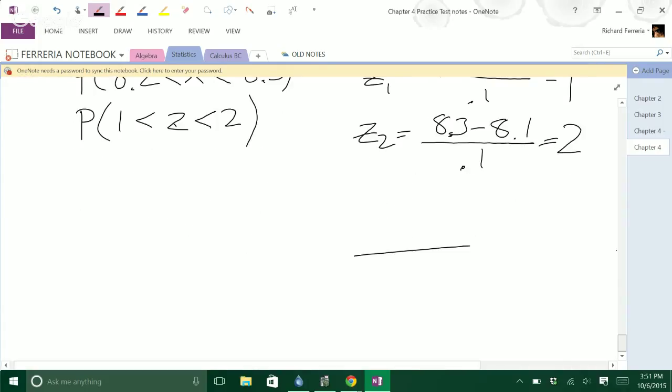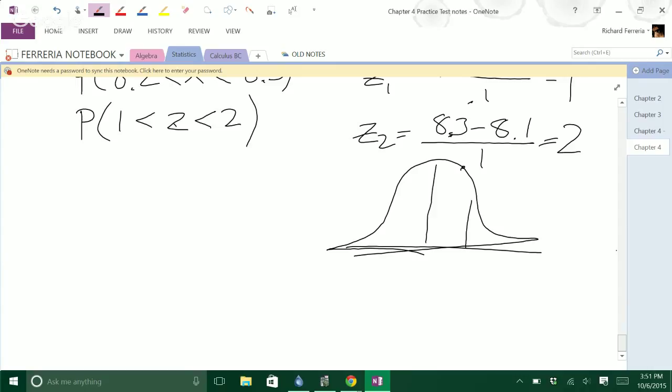We can go ahead and draw a standard normal curve. Locate where 1 is, locate where 2 is. This is a z-score of 1 and a z-score of 2. We want to know this right here. Okay, we can do that with a calculator if you want.